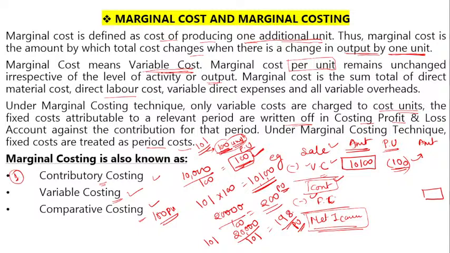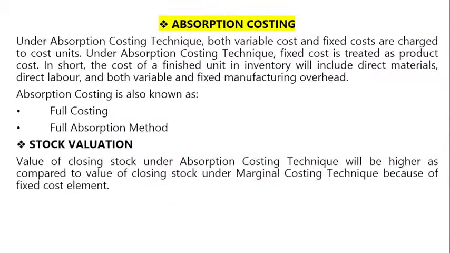And if they compare with producing 200 units, there is a comparative costing between how much the company is actually producing and how much they want to produce.